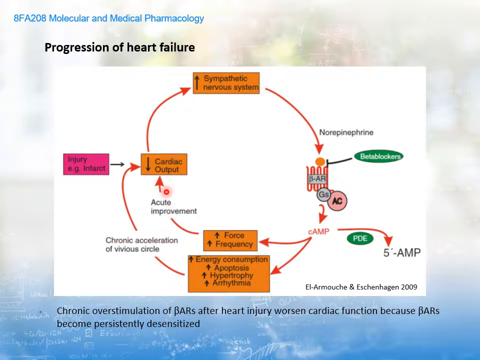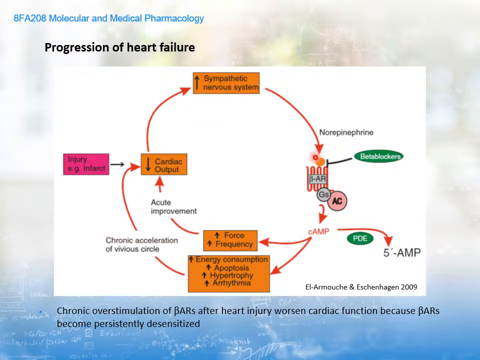So through beta-adrenergic stimulation, the heart is trying to compensate for different situations that can be acute or chronic. The problem comes when this loop of improvement is not accompanied by an actual improvement because the heart muscle is damaged. When this cycle is stimulated over and over again, what happens with the beta-adrenergic receptors? They are down-regulated, desensitized.